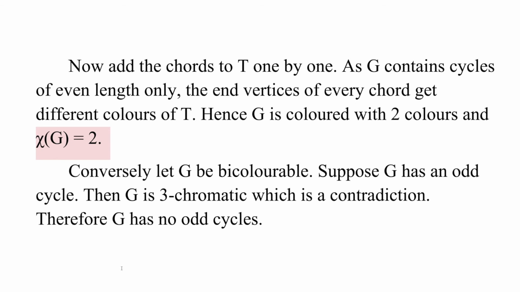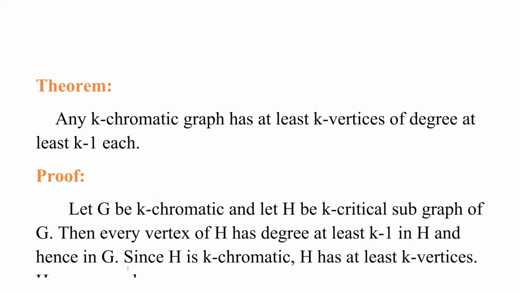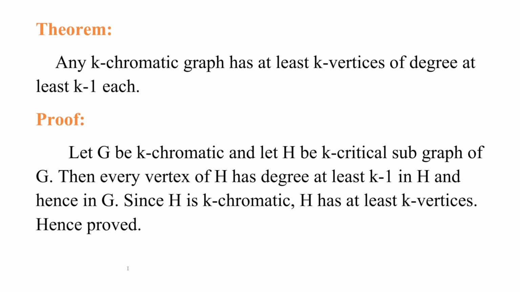Conversely, let G be bicolorable. Suppose G has an odd cycle, then G is 3 chromatic, which is a contradiction. Therefore, G has no odd cycles. Another result: any k chromatic graph has at least k vertices of degree at least k minus 1 each.